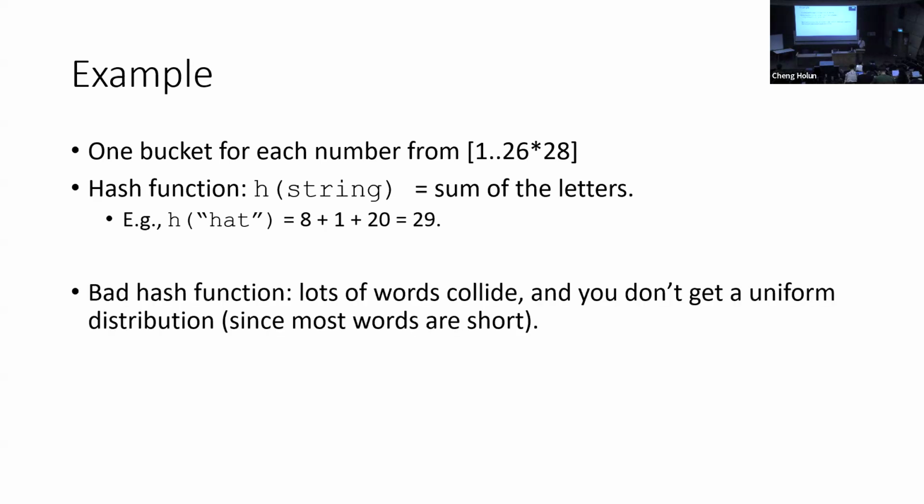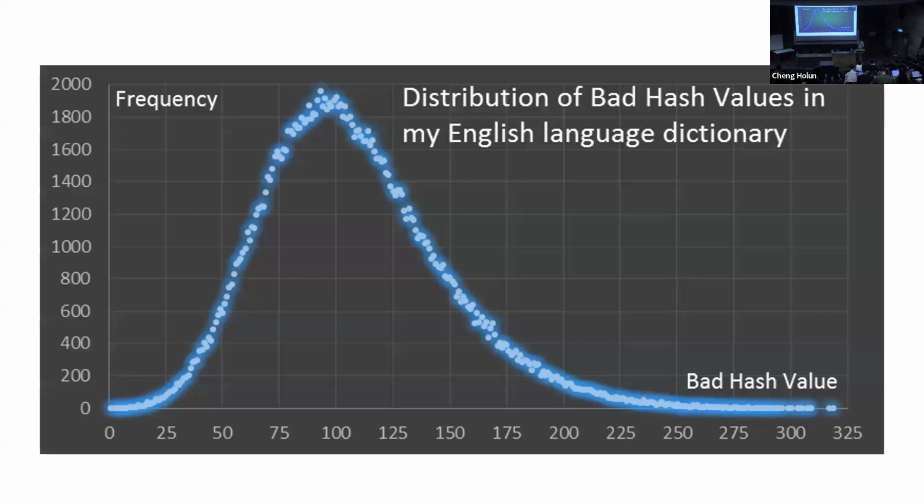It's bad because this is the distribution. If you go through the whole English dictionary and do this math for all the words, you get this distribution. Is it bad? You will see that a lot of words have a number around 100.